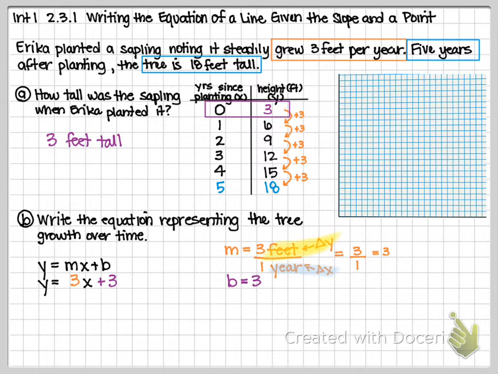Okay, so while you're working, I am also going to start. So my y is feet. And the x is year. So I'm going to use the information that was given to me. I know that b is 3.